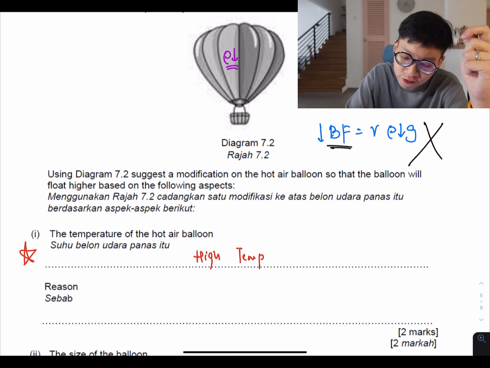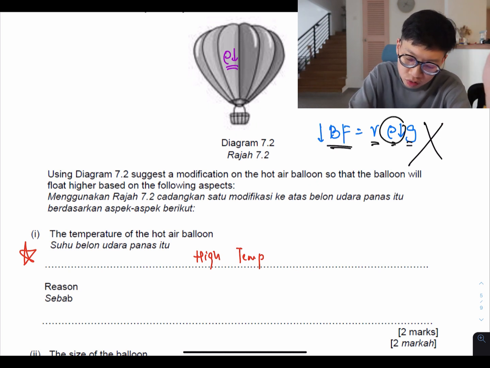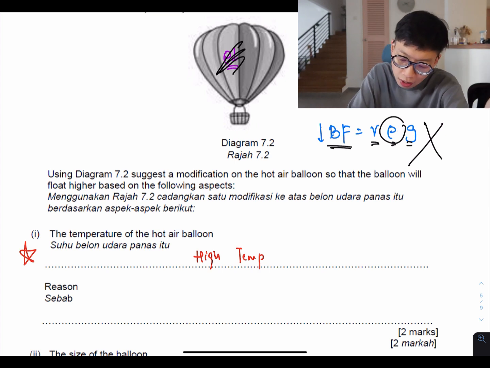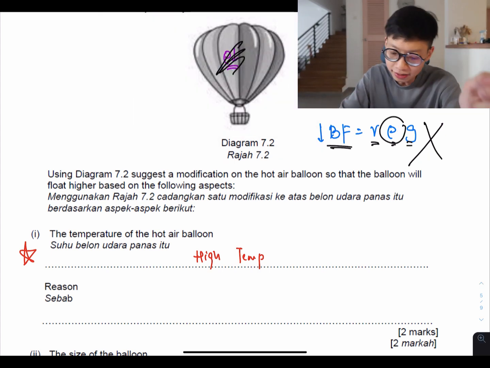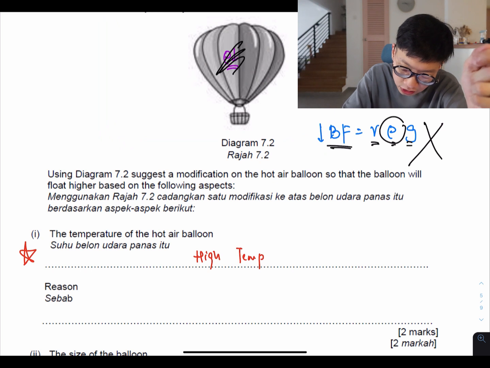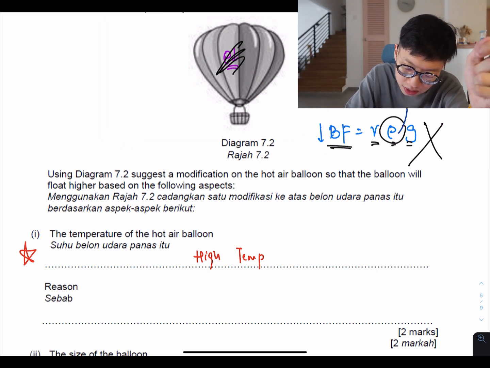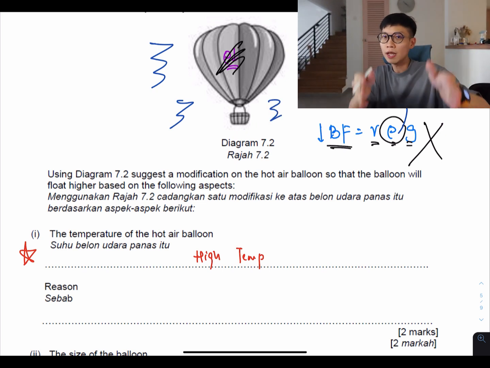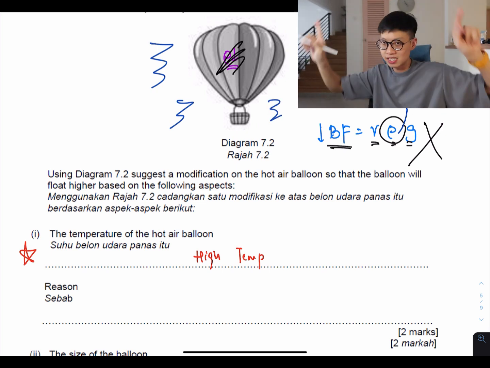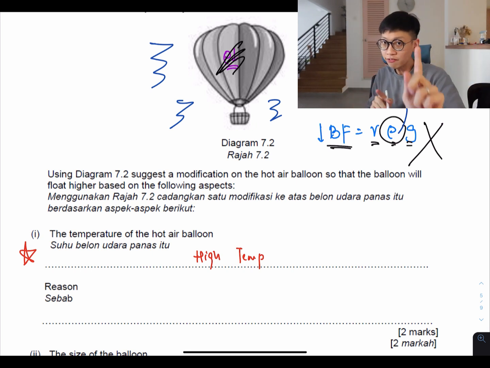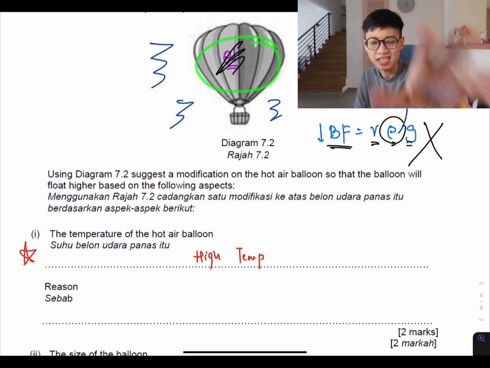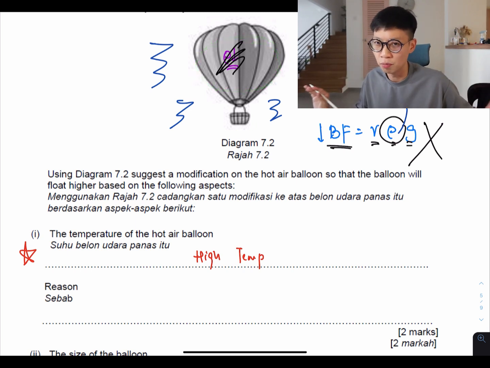Because when we look at buoyant force, V rho g, this rho does not depend on the inside of the balloon, but on the outside air. Meaning the buoyant force that acts on the hot air balloon is affected by the surrounding density. Buoyant force is not affected by the density of the air inside. So if you change the density of the air inside, it will not affect the buoyant force.